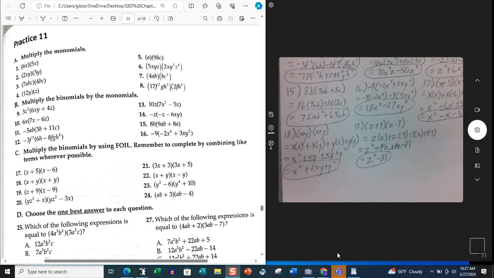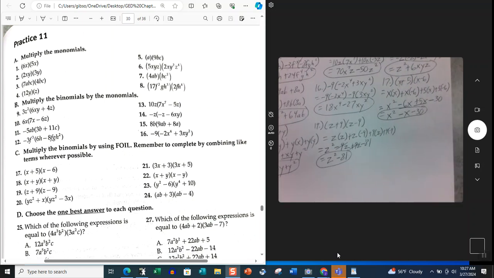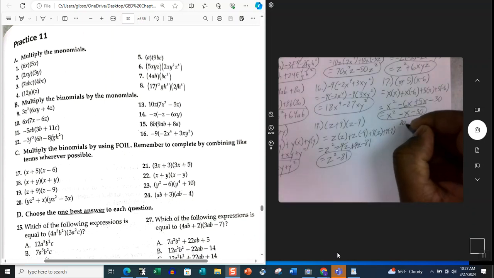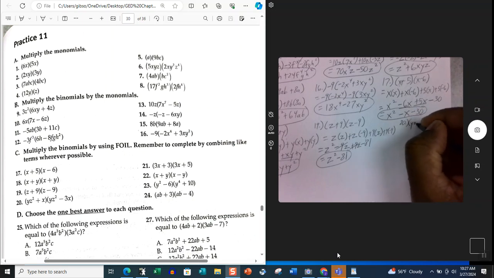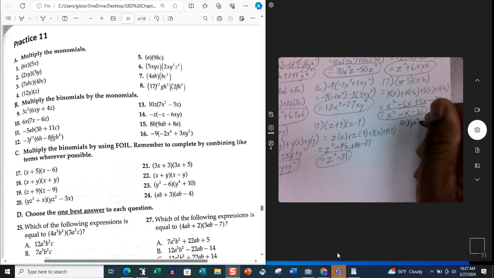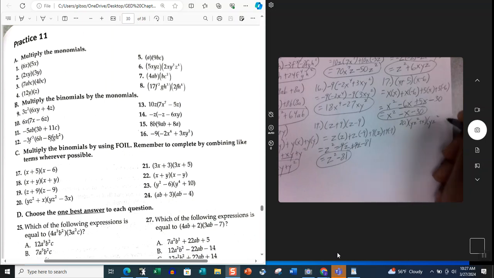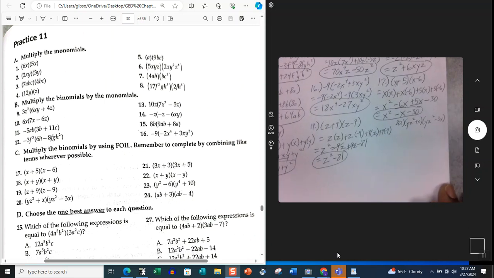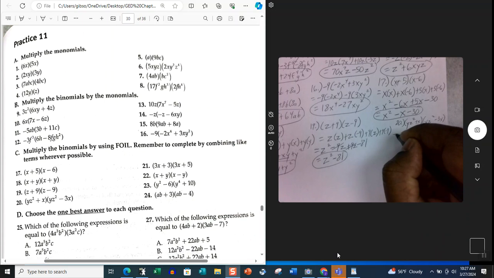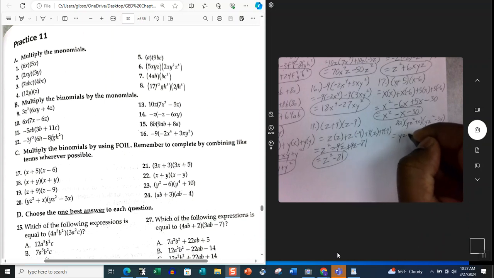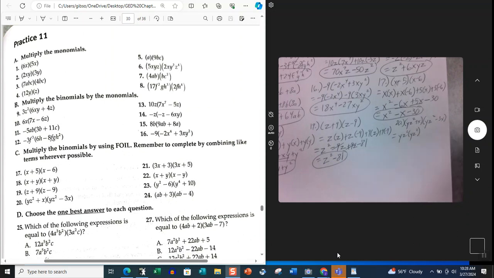Now problem 20. Now 20, a little lengthy, but not too bad. Problem 20, we have yz squared plus x. And then we have yz squared minus 3x. So our front will be yz squared times yz squared.